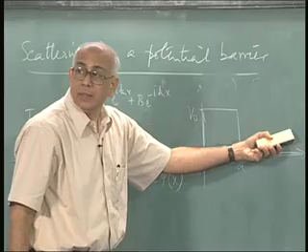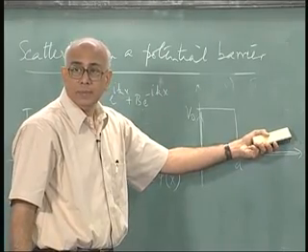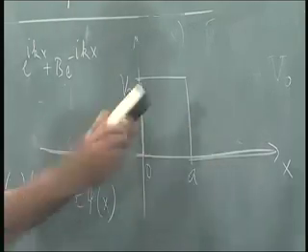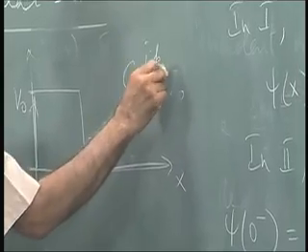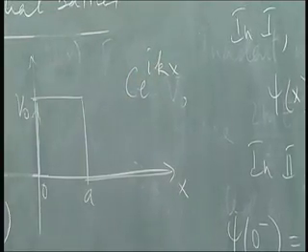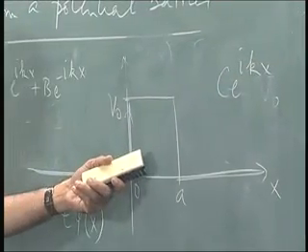What would you say it is here? Some c e to the ikx, moving asymptotically in this direction. And what would it be here?